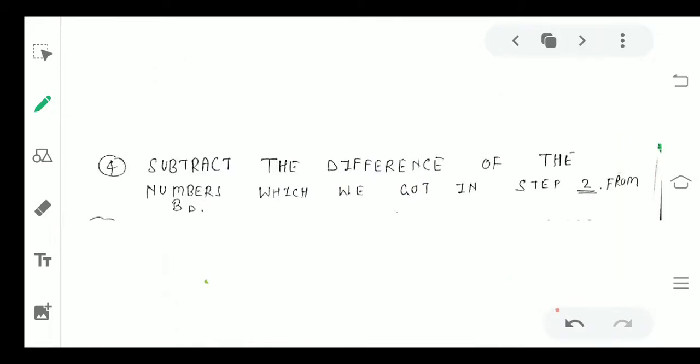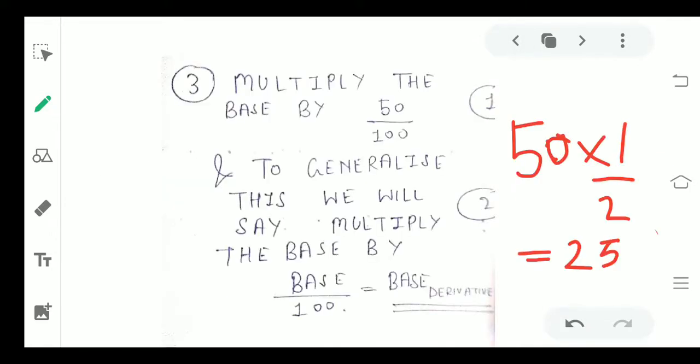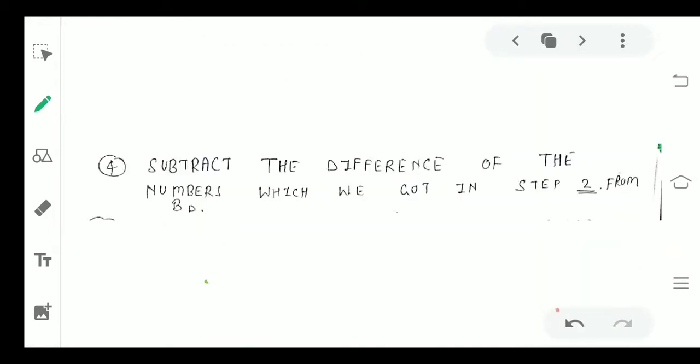The fourth step, subtract the difference obtained in step 2 from the number obtained, 25, which we will name BD. So the number obtained in step 2, which is -2, we will subtract from BD. 25 minus 2, we will get 23.